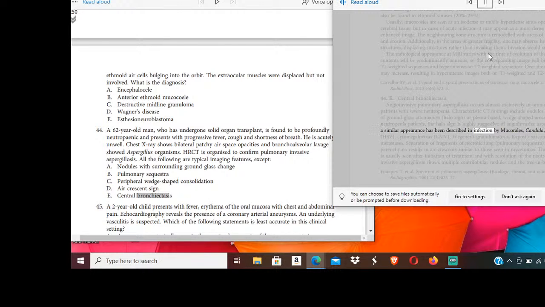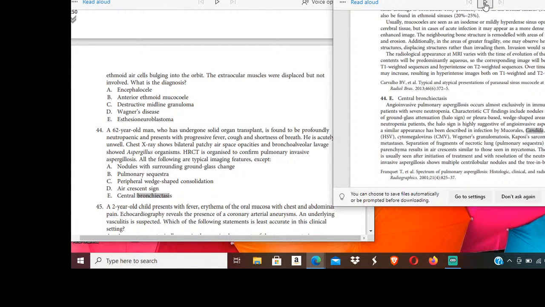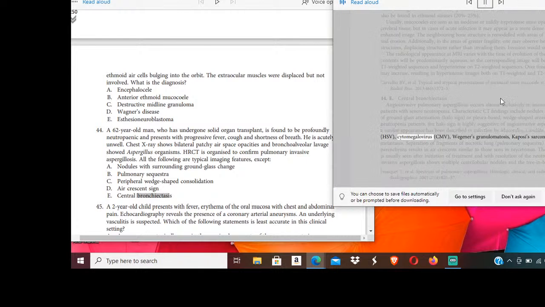However, a similar appearance has been described in infection by mucorales, Candida, herpes simplex virus, HSV, cytomegalovirus, CMV, Wegener's granulomatosis, Kaposi sarcoma, and hemorrhagic metastases.